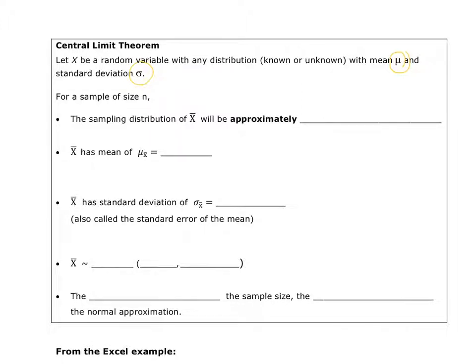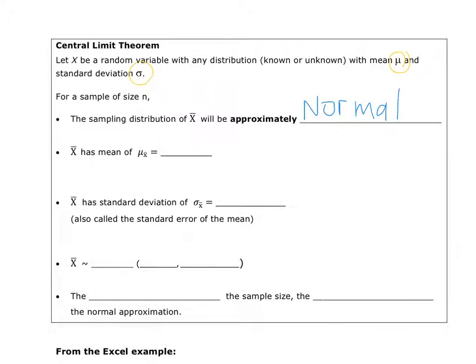So if we take a sample size n, the sampling distribution of x bar, that is the probability distribution of x bar, the sample mean, will be approximately normal. All right, so maybe you could tell that's where we were going just based on how those histograms were looking. None of them looked exactly normal, but they were looking kind of peaky in the middle and tails on either side. So that's the sampling distribution of x bar.